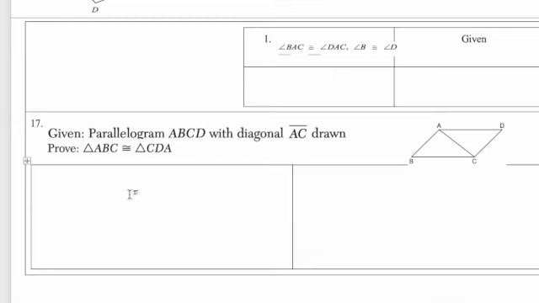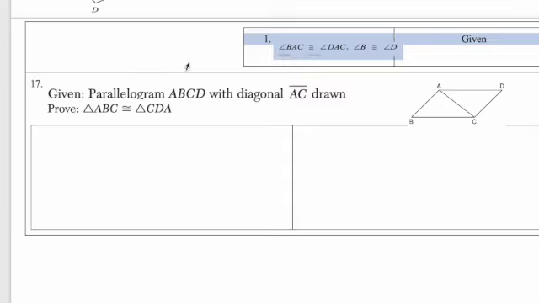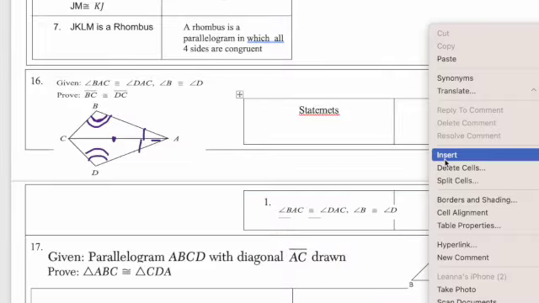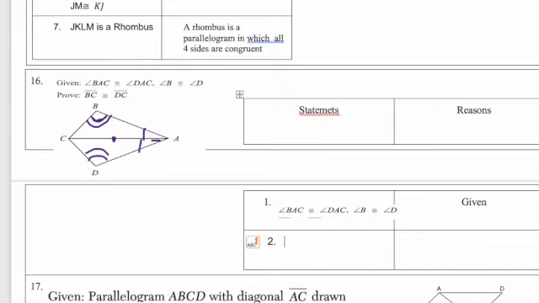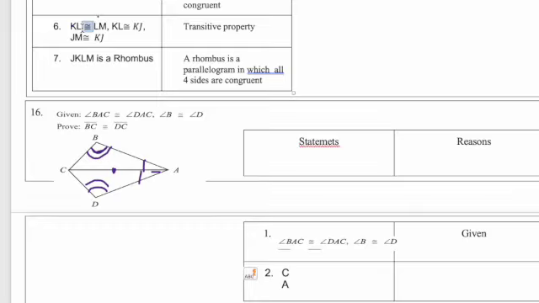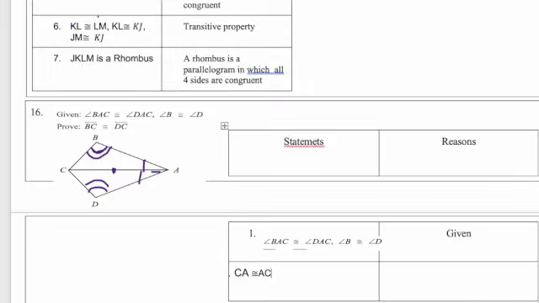Then we have that CA is congruent to AC. Okay, and this is by reflexive property.